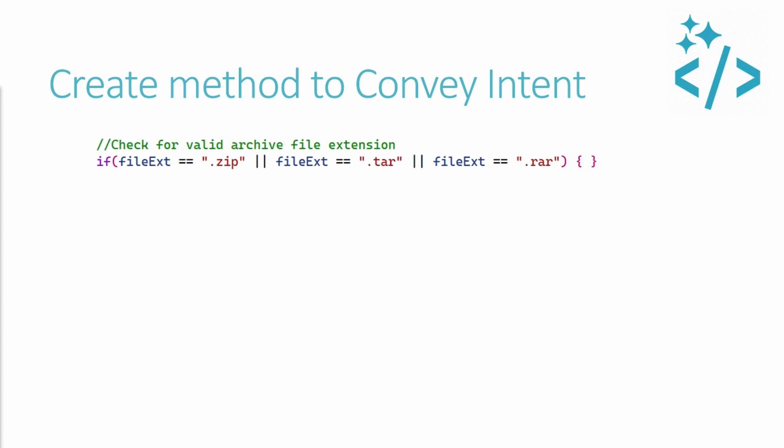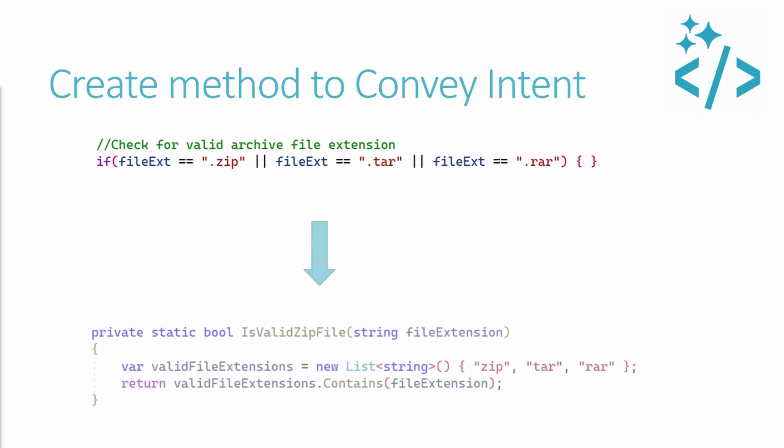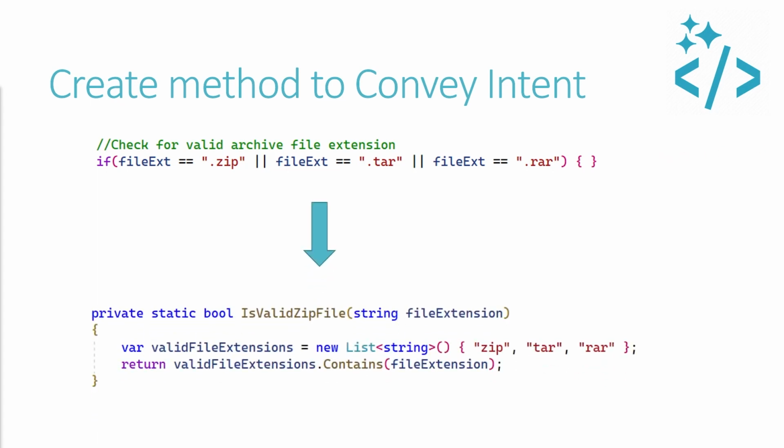What we can also do to make the code clearer and more readable: if we have such a check, for example, we can see here how to check for zip files or archives. This is not very clear about what it does, but we can of course create a method, whose name is very important because it tells us what this does.